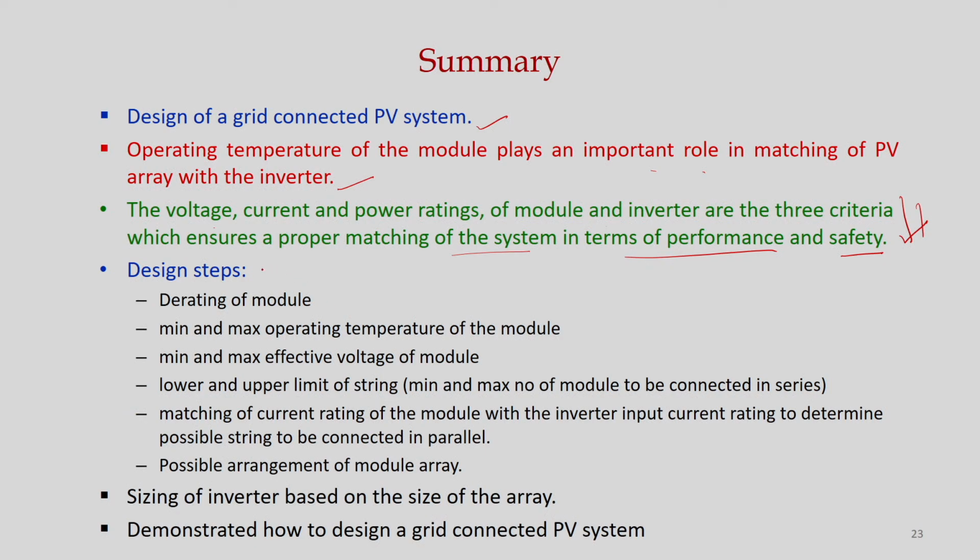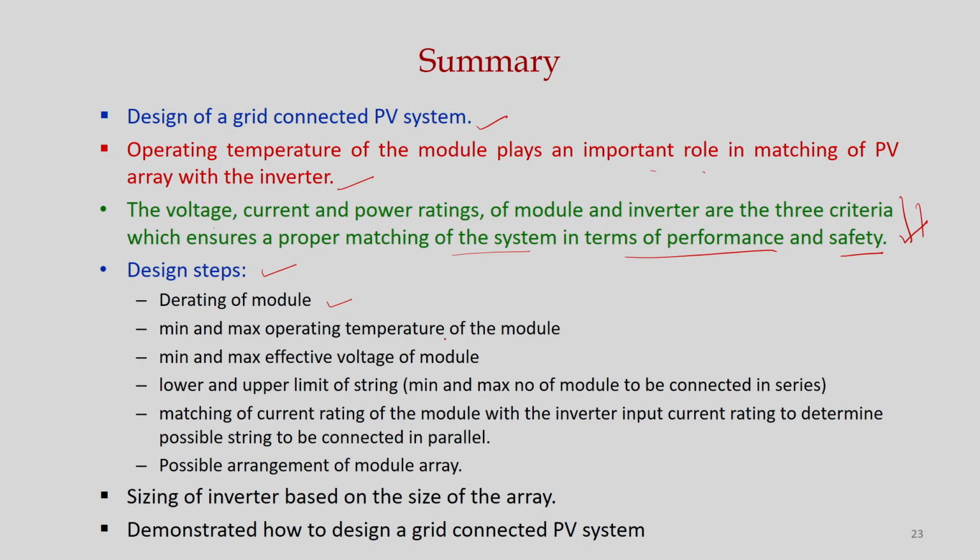And the design methodology we adopted here: first we calculated the derating of modules, how derating of a module takes place and what the different factors are, then the minimum and maximum operating temperatures of the modules, then the minimum and maximum effective voltage of the module, then the lower and upper limits of strings, okay, then matching of current rating of modules with inverter input current ratings to determine the possible strings to be connected in parallel, and finally the possible arrangement of the module array, and sizing of the inverter based on the size of the array.